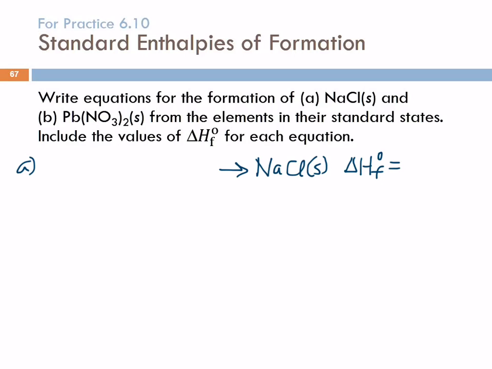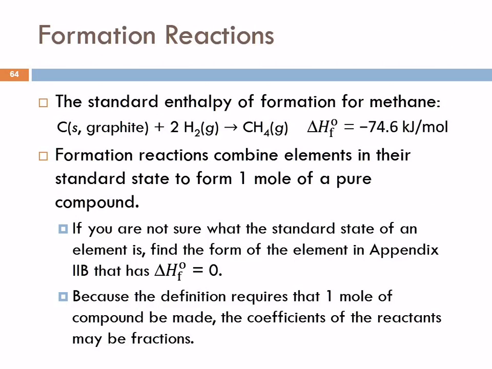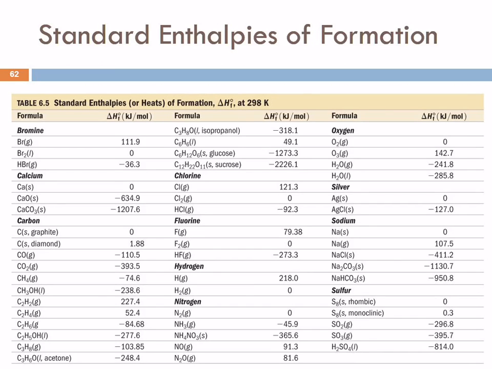So I look at this compound and I say, well, what are the 2 elements in it? There's sodium and chlorine. So I'm going to have sodium and I'm going to have chlorine. And then I'm going to go look in the table. You do not memorize the table. The table will either be given to you or the particular parts that you need will be given. So I'm looking for chlorine.